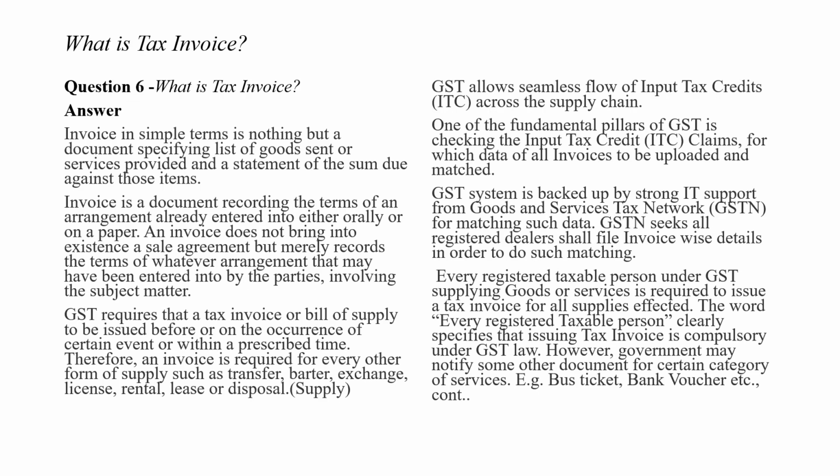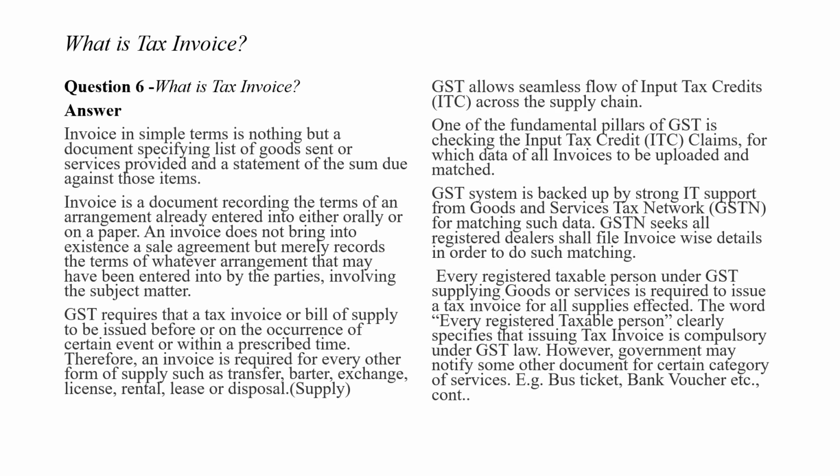Now let us take the final question. What is a tax invoice? Very important. The answer is here. An invoice in simple terms is nothing but a document specifying a list of goods sent or services provided and a statement of the sum due against those items.